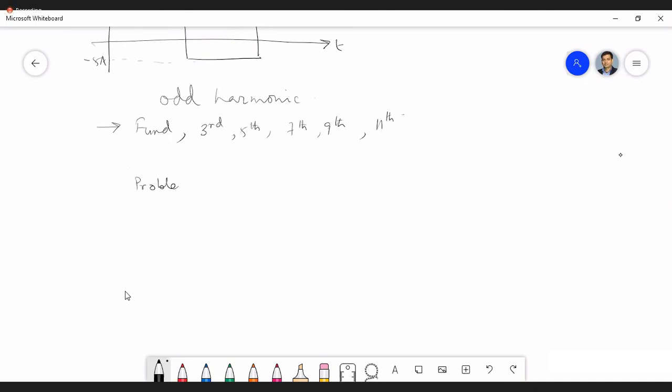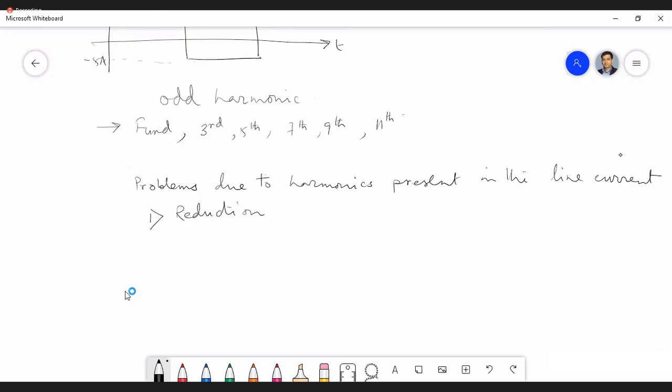So the problems due to harmonics present in the line current. Okay, so number one, reduction in power factor.